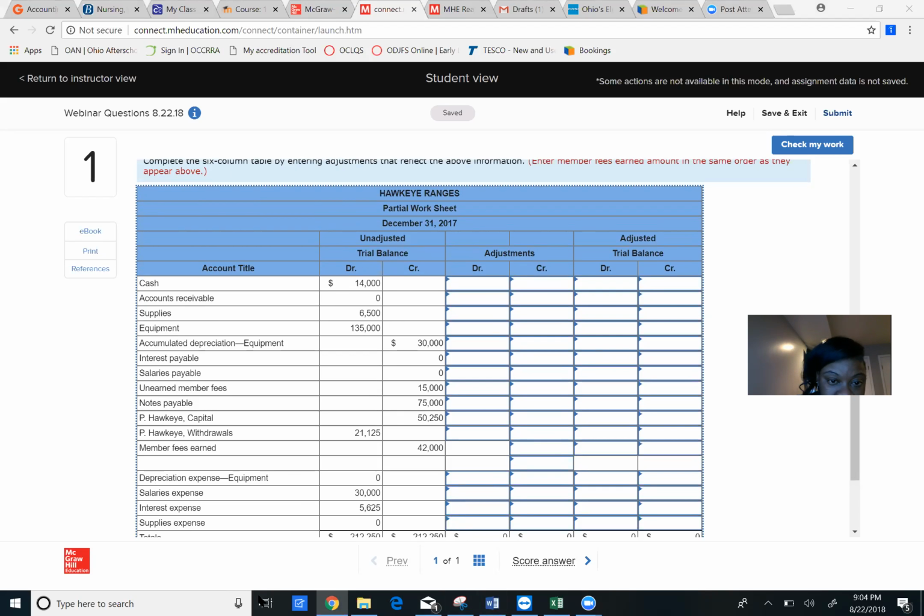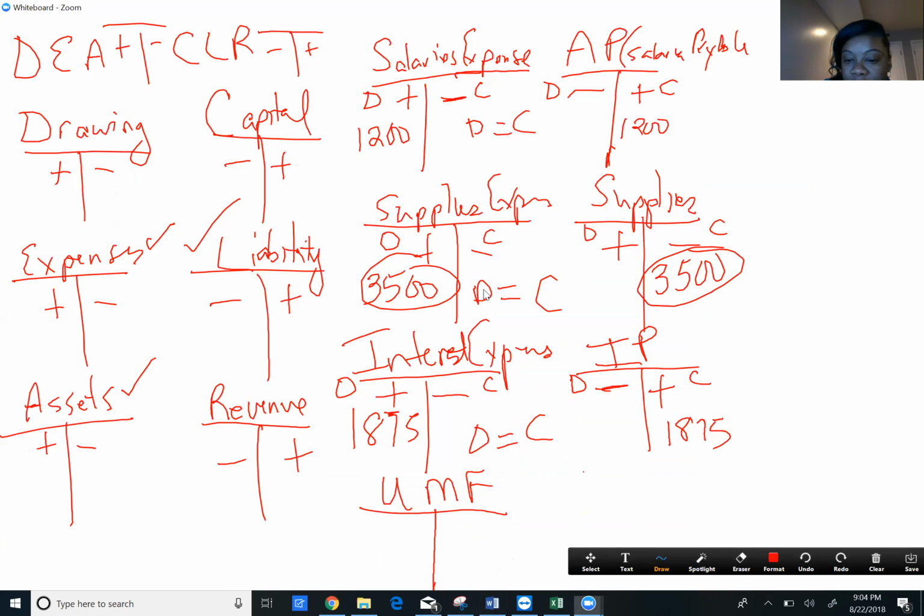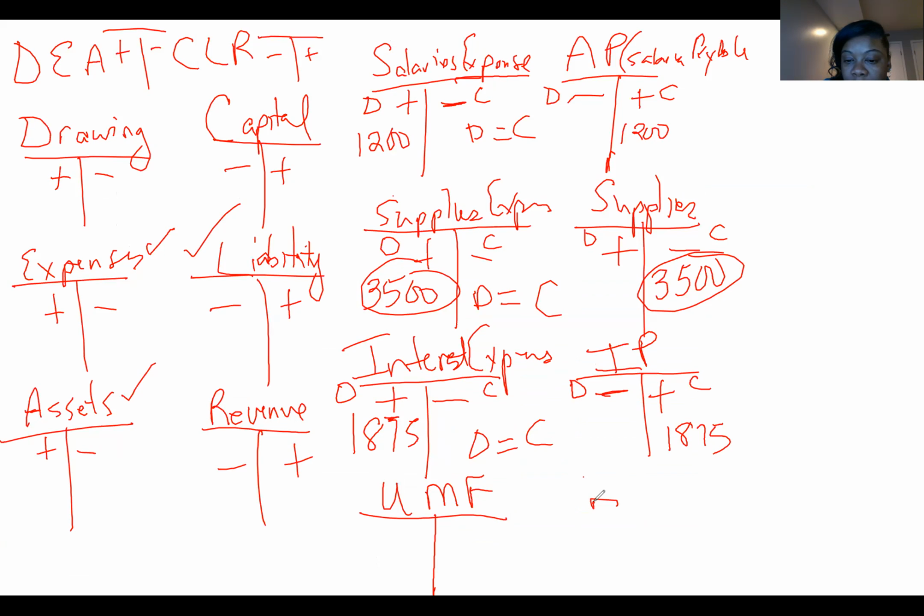So I'm going to go back to my whiteboard. And it's member fees earned. So this one is going to be member fees earned. Okay. So this is the liability, so it's going to be a minus plus. And this is the revenue, so it's also going to be a minus plus.